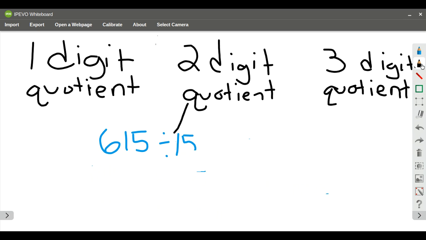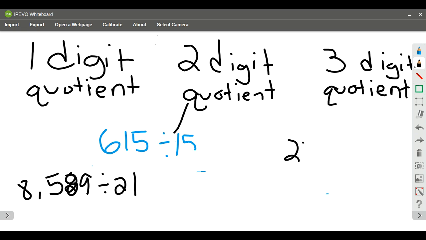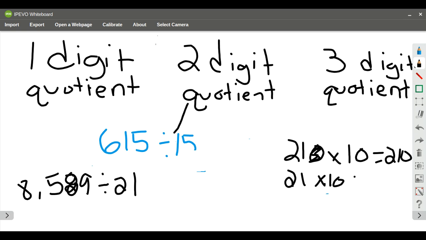So if I do the same thing, 21 times 10 is going to be 210. 21 times 100 is going to be 2,100.